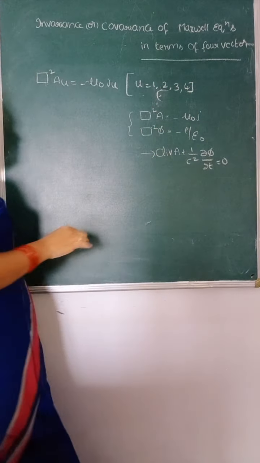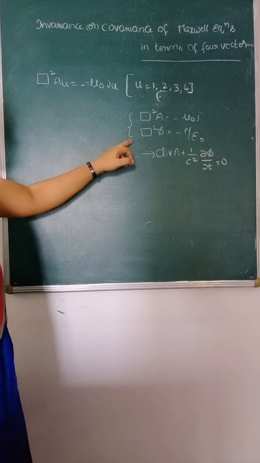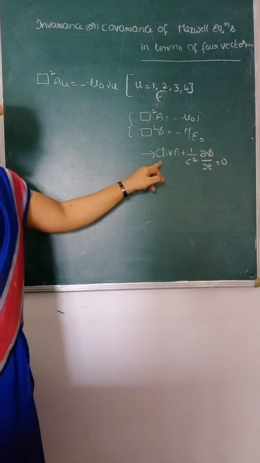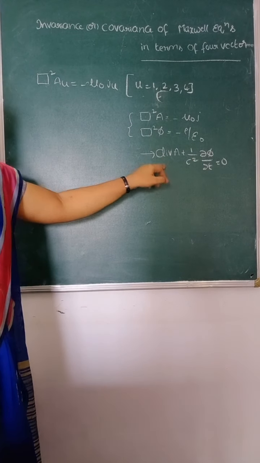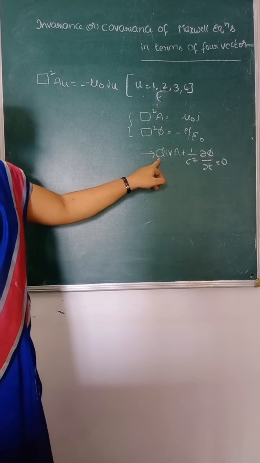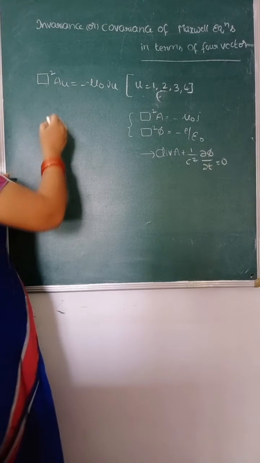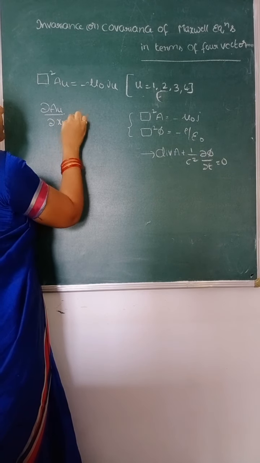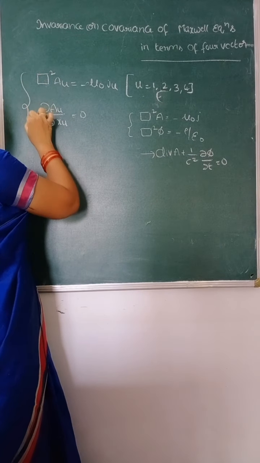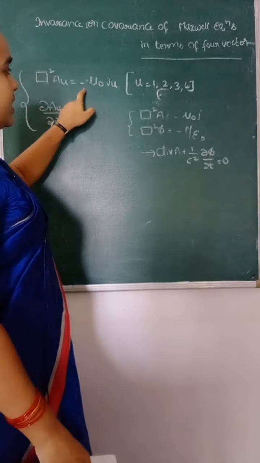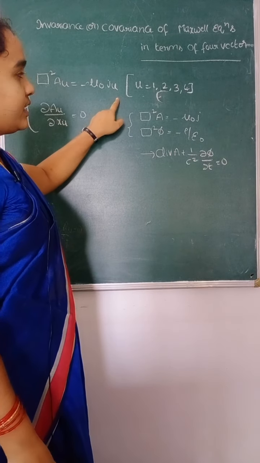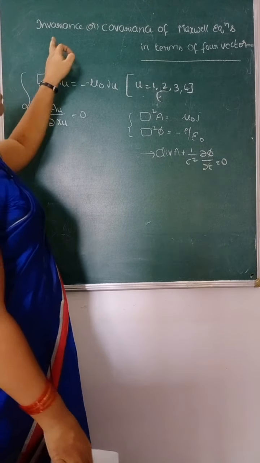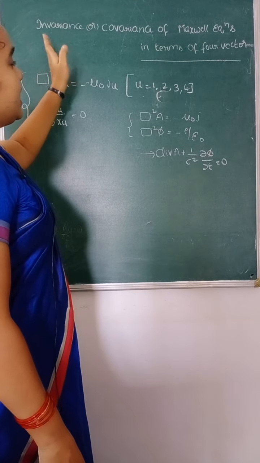In 4 vector form we write these equations as del square A_mu is equal to minus mu naught J_mu, and we also write down the Lorentz condition in 4 vector form as dou A_mu by dou x_mu is equal to 0. These 2 are the Maxwell's equations in 4 vector form, and this is the Lorentz condition in 4 vector form. So our aim is to show how they are invariant.